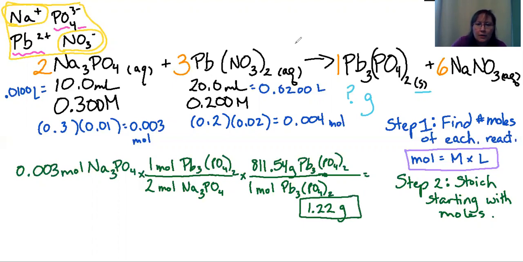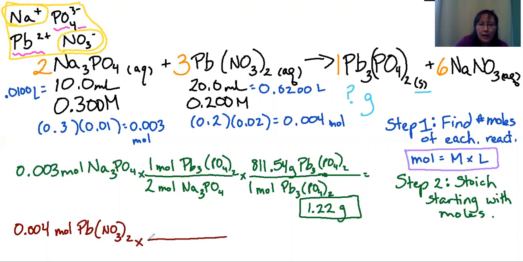Now I'm going to do this problem a second time with the lead(II) nitrate. I have 0.004 moles of my Pb(NO3)2. Again, I do not need a molar mass for my reactants because I already have calculated the number of moles. All the molar mass for the reactant does is go from grams to moles.